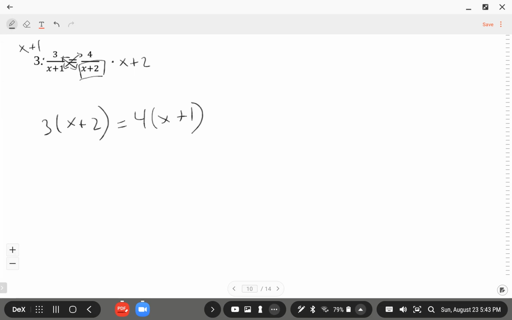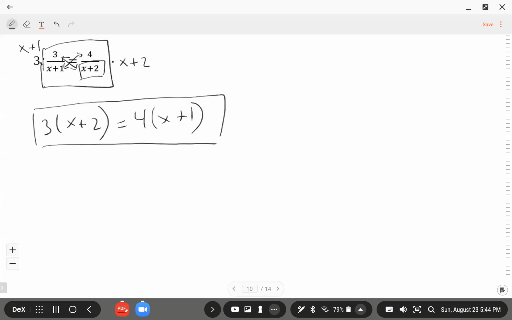Once you see equations like this in the future, you just have to think cross multiply, okay? And now it looks more simple, right? Looks like a very simple linear equation. So now you just unwrap the parentheses, do a distributive property, and then you can simplify to the next stage.